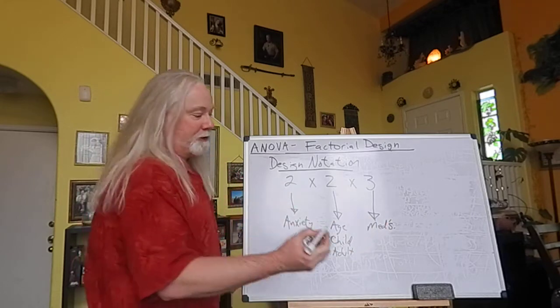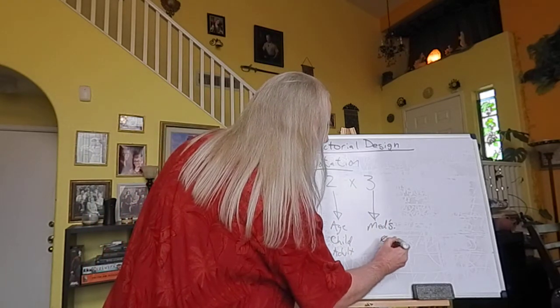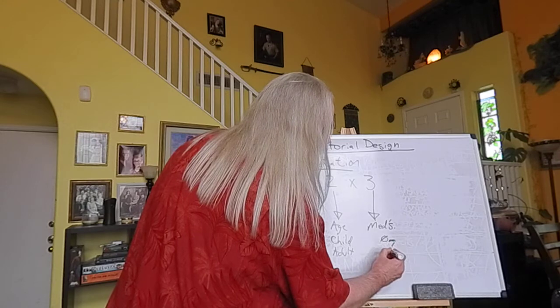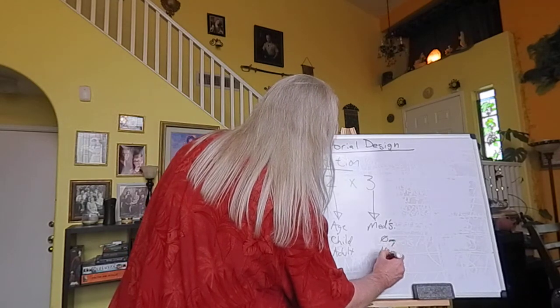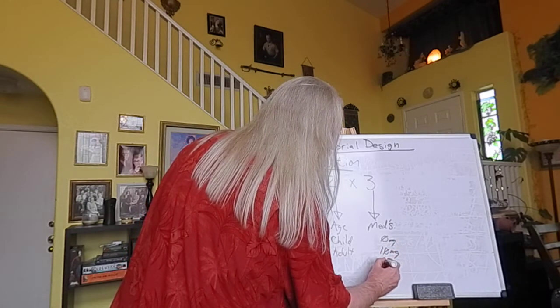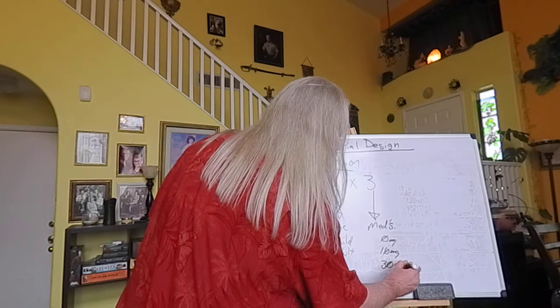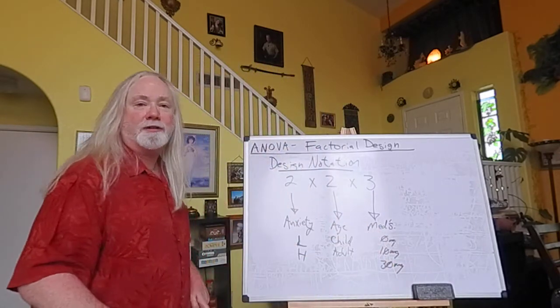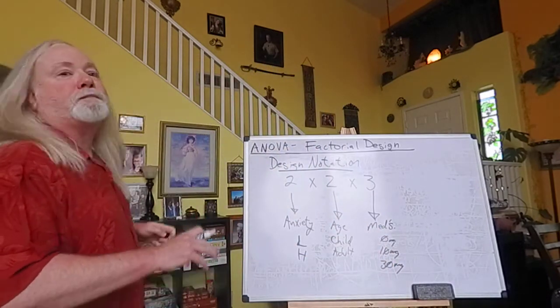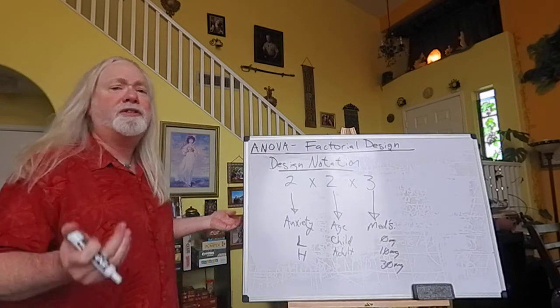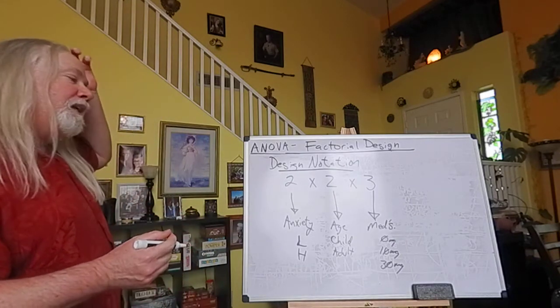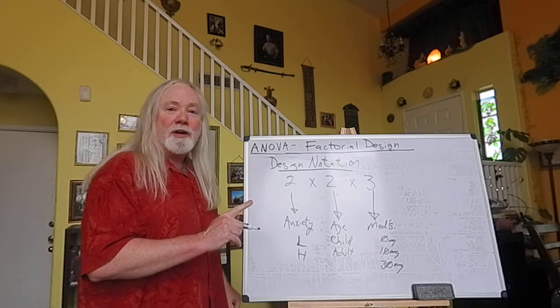Third one, medications. Well, you're either taking 0 milligrams or you are taking 10 milligrams or you are taking, I'm going to make it 30 milligrams. Those are the 3 versions of the meds. Again, our dependent variable, I said something about problem solving. So, interaction effects.